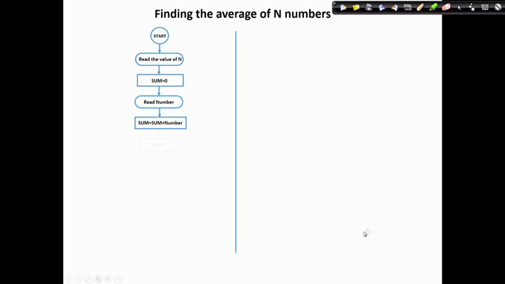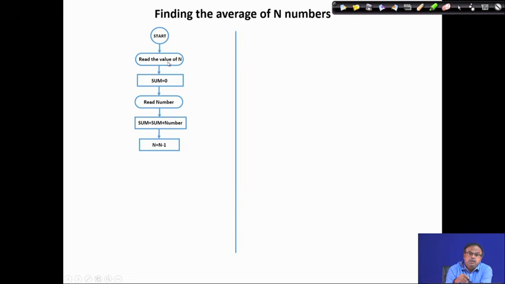Okay. Next, I decrement. This is a new thing that is coming up here. Since I know at this point that whoever supplied the data told me that I have to look for 100 numbers, say n is 100, I have learned that.